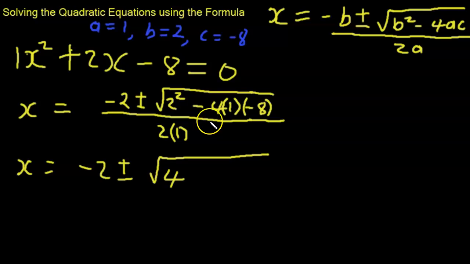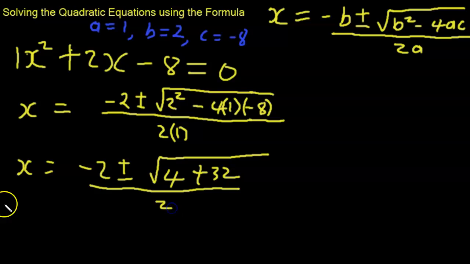So the negative 4 times the negative 8, that's positive 32 times 1. So it's 32, all upon 2 times 1, 2. So we end up with x equals minus 2 plus or minus the square root of 32 plus 4, that's 36, all upon 2.